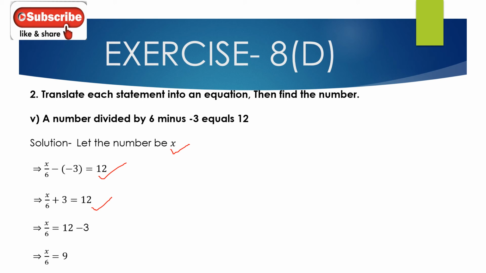Now x divided by 6 plus 3 is on the left hand side and 12 is on the right hand side. Now this plus 3 transposes to the right hand side, this plus symbol changes to minus symbol. Now we get x divided by 6 equal to 12 minus 3, and 12 minus 3 is 9. Now we get x divided by 6 equal to 9.